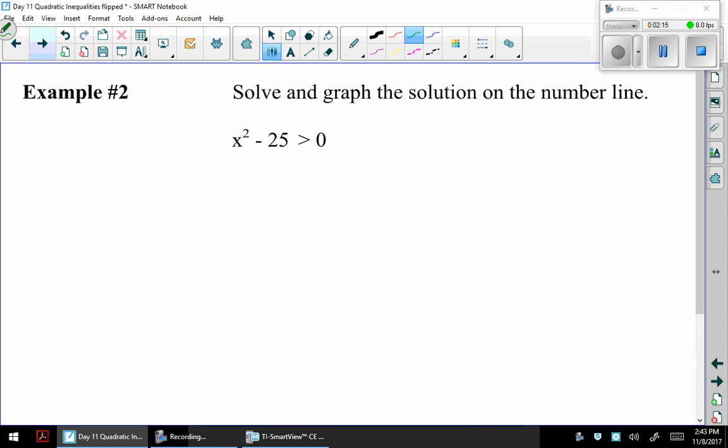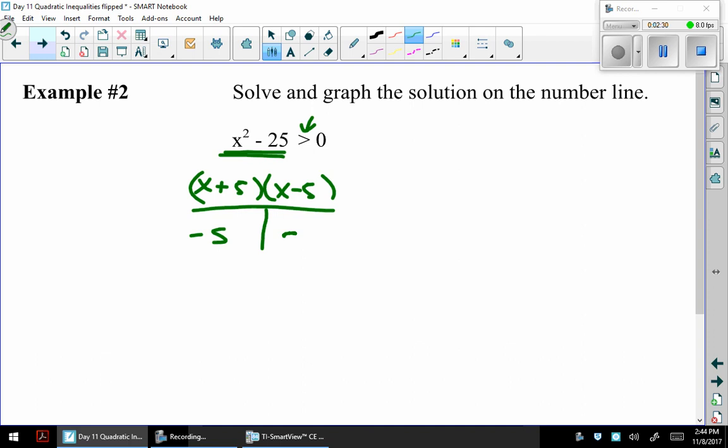Try another one. X squared minus 25 is greater than 0. So again, I automatically know greater-ors, they're going to go out. I factor this: x plus 5, x minus 5. I tee it up, negative 5 and 5. Draw a number line: negative 5, 5. Go back to here. Greater-ors, I'm going out.